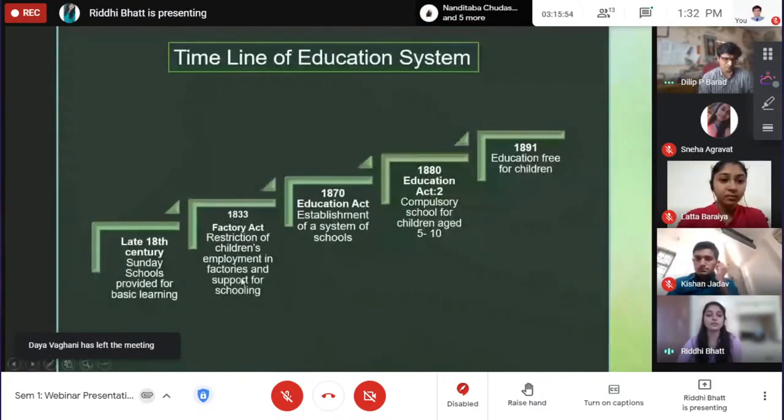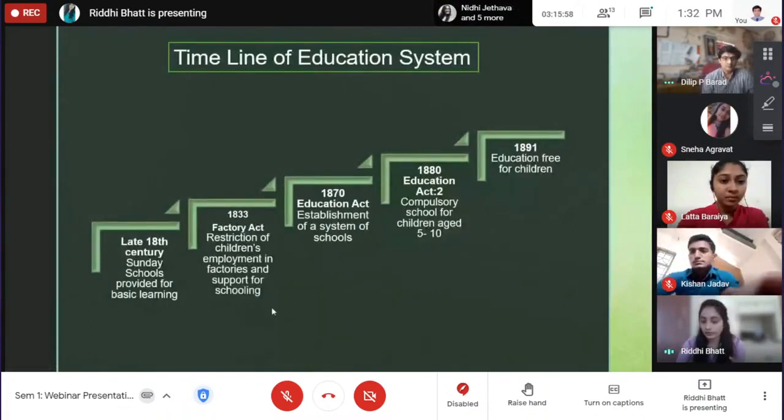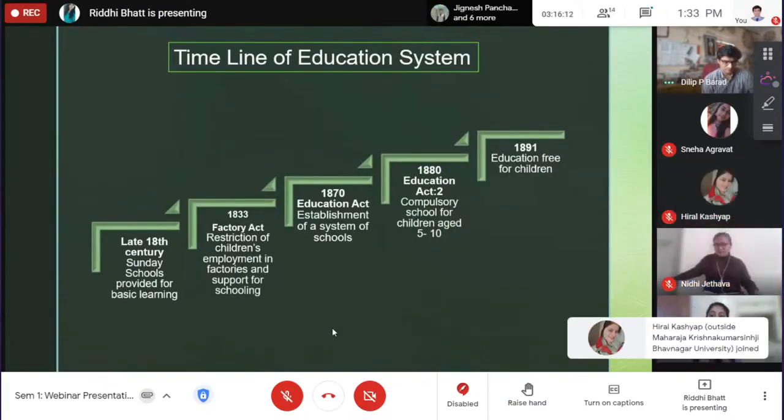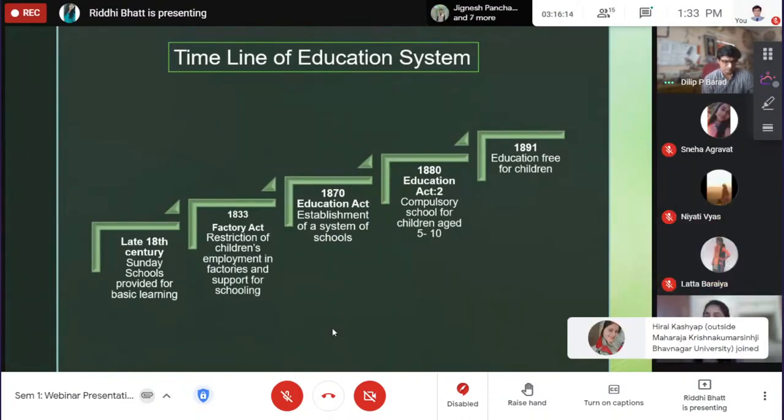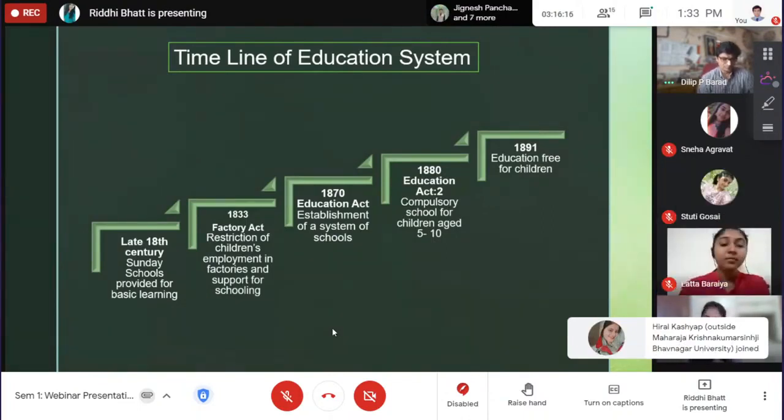After 1870, the Education Act was first applied by the government, establishing a system of schools. Then in 1880, Education Act 2 made school compulsory for children aged 5 to 10 years old, and then in 1891 education became free for all students. So next one is the Victorian class.